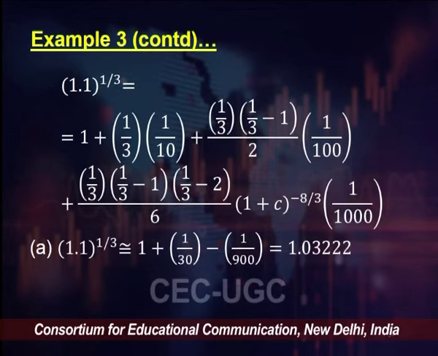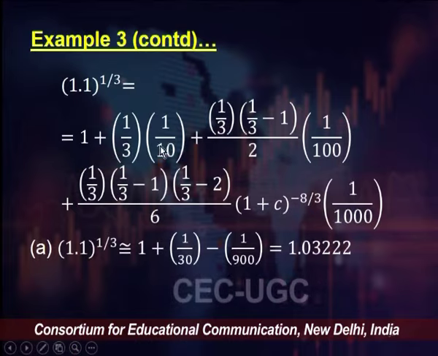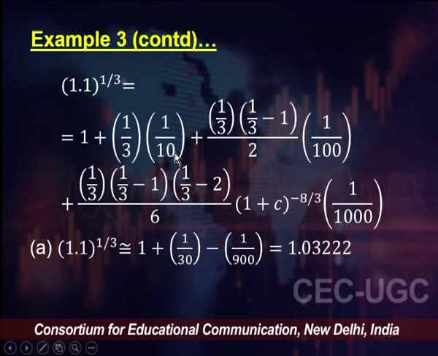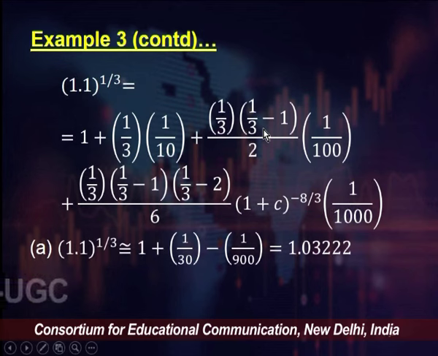So if I want an estimate of 1.1 to the power 1/3, ignoring the remainder, my estimate would be 1 plus 1/30, plus, now 1/3 times (1/3 minus 1) is 1/3 times minus 2/3, the whole thing divided by 2, the 2's will get cancelled.